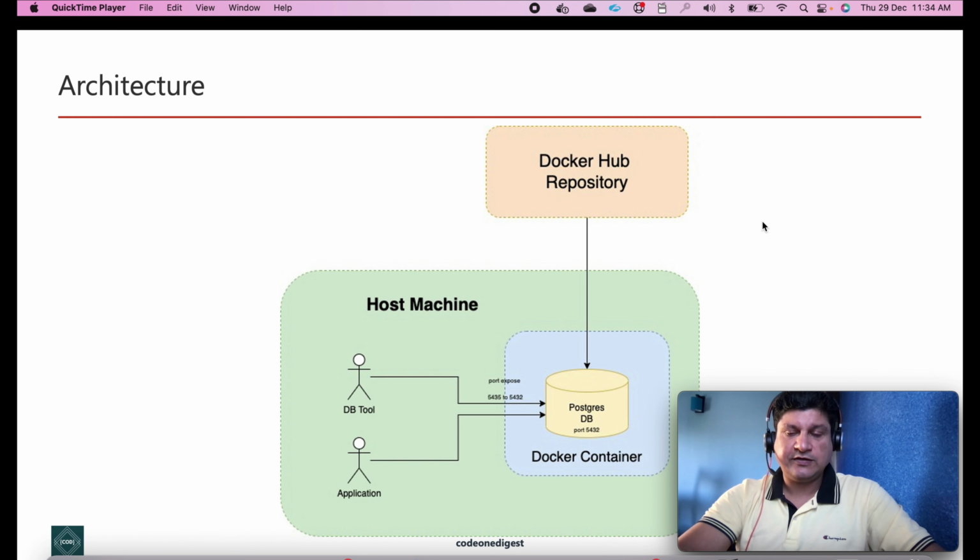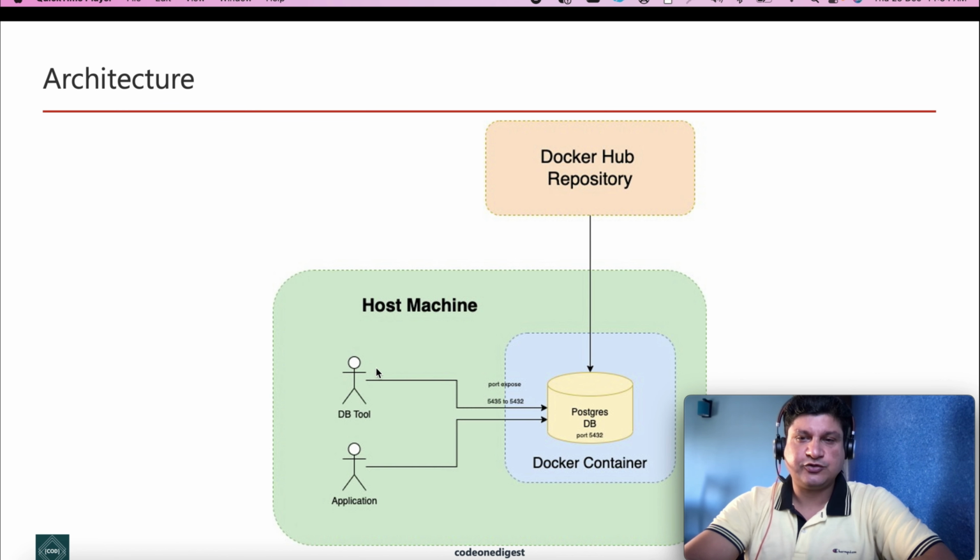Okay friends, now let's see what we are trying to achieve in this video. I'll show you through this architecture diagram. The green area is my host machine where I'm running this demo. On this host machine, I'll be running my microservice application and my database access tool, that is DBeaver or pgAdmin.